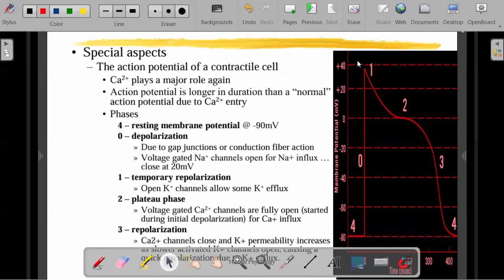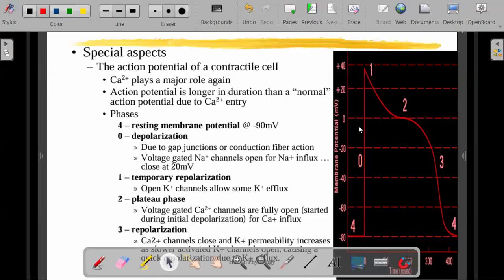Then after that, you can see on this graph that there is a plateau that it forms. This is known as the plateau phase, which is phase 2. What happens here is that voltage-gated calcium channels fully open.